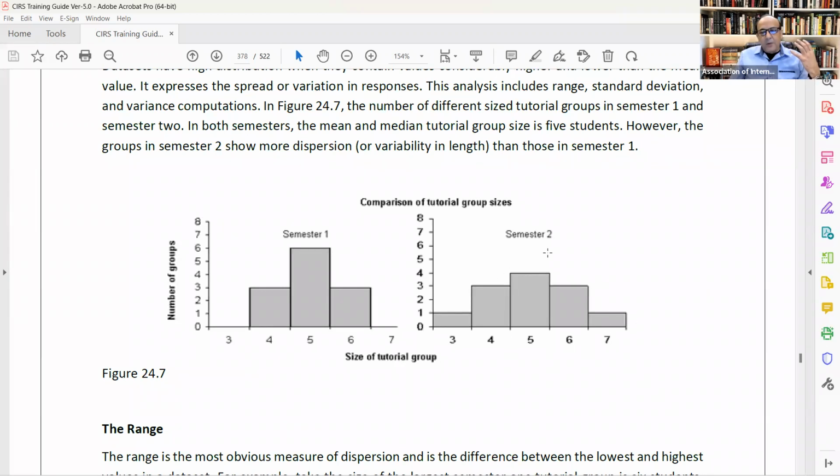When you compare it with chart 2, you could see the same sort of size of the tutorial group of 5 students in the middle one, with the number of groups being only 4.